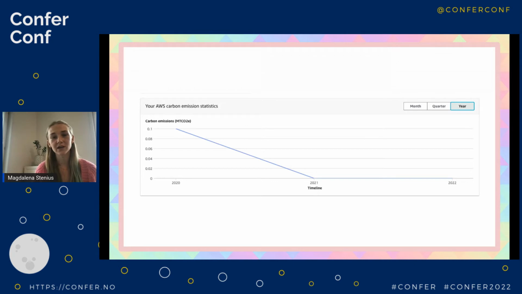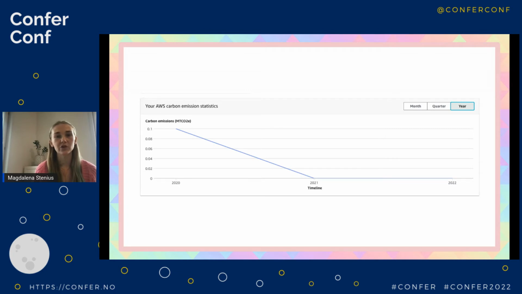When I first saw this, I was really confused. I was sure that maybe because this feature is still in beta, it's not reliable and there's some kind of bug. But when I researched the matter a bit further, I found out that AWS actually doesn't report carbon emissions from carbon compensated regions.